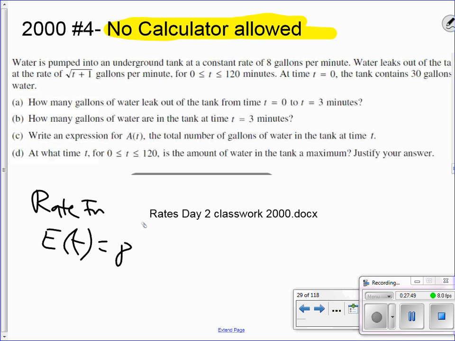And the rate out, it's water going out at the rate of square root of t plus 1 gallons per minute. At t equals 0, the tank contains 30 gallons of water. So that's your initial value.